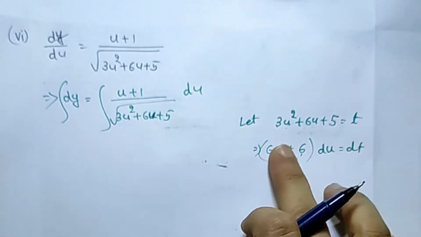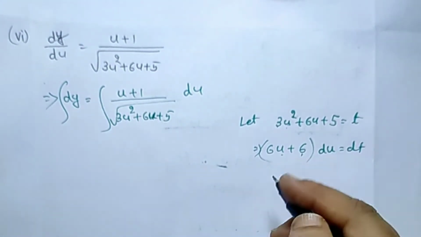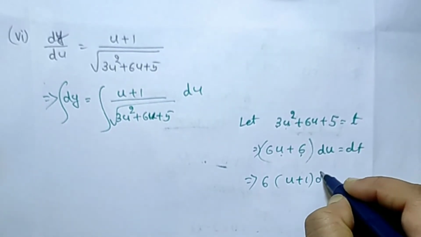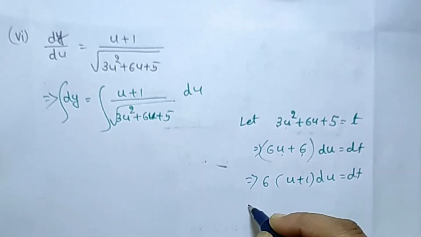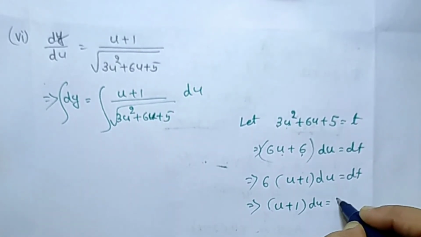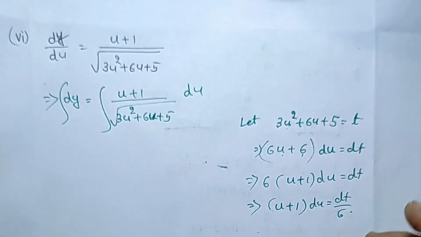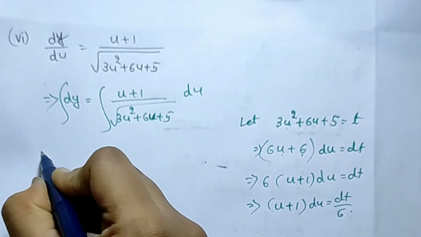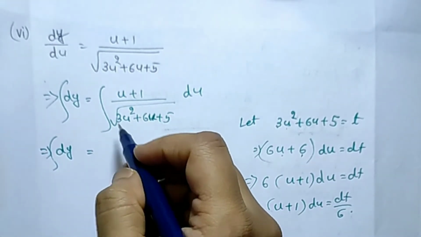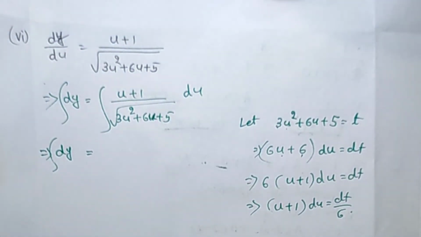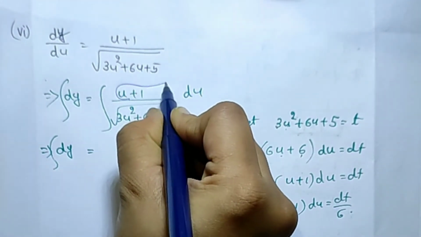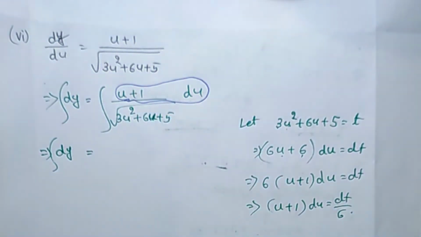Differentiating both sides we get this, which implies that 6 into u plus 1 into du is equal to dt, which implies that u plus 1 into du is equal to dt by 6. Now come to this term, implies that dy is equal to, now this u plus 1 into du will be what? dt by 6.